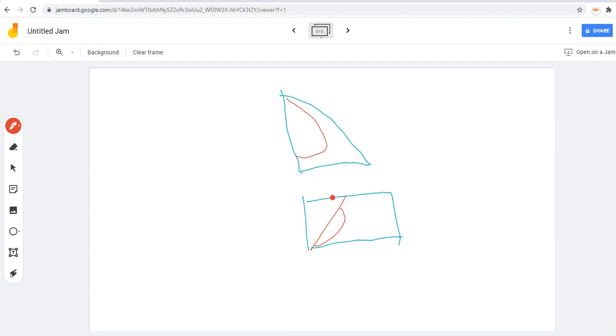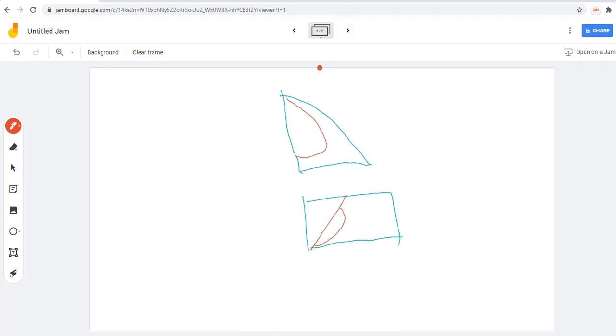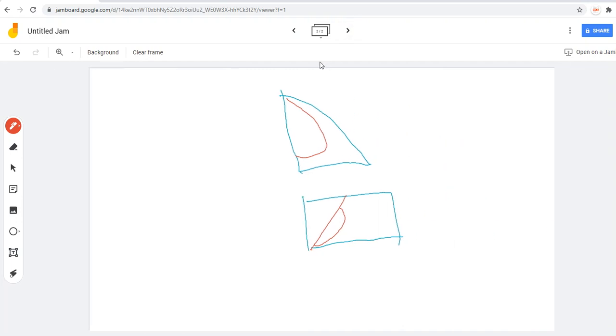So based on the data in the first slide, this is 0.10 for A, 0.25 for C. You're going to plot that in your upper triangular diagram. So 0.10 for A, 0.25 for C. Let's say I'll change the color of this one.